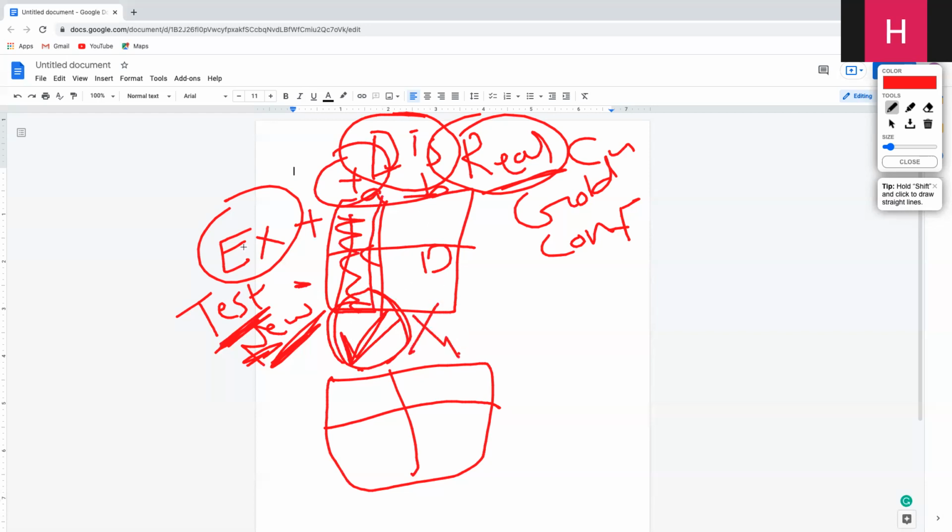And then your test or your exposure: if the test comes back positive and you do have the disease, this is what we call true positive. If your test comes back negative and you do have the disease, this will be false negative. Same thing here. These are healthy people. If your test tested them positive, this will be false positive. And if you're testing them negative when they don't have the disease, this will be true negative. So always true positive here, true negative here.